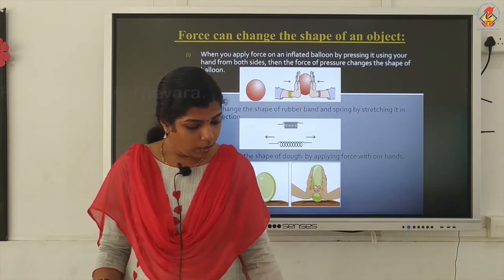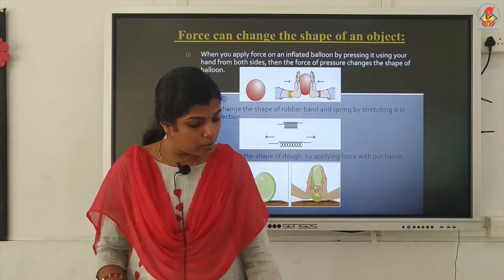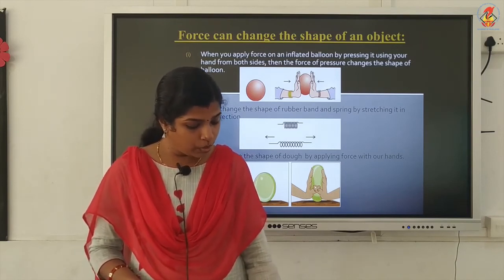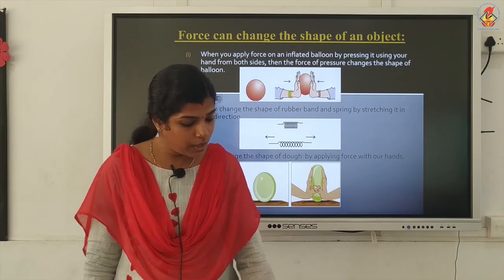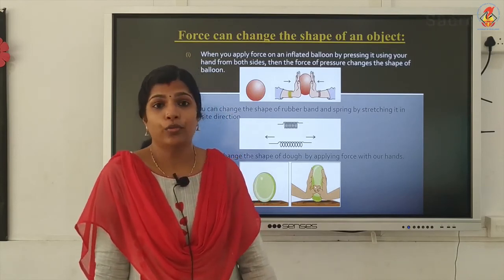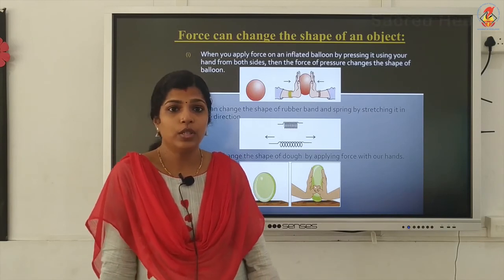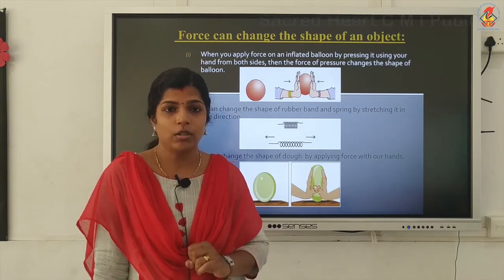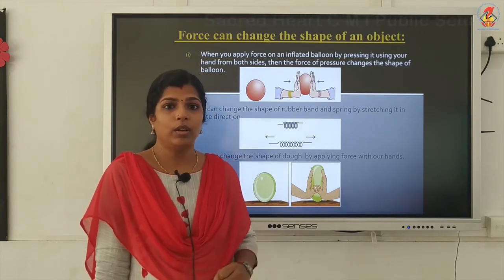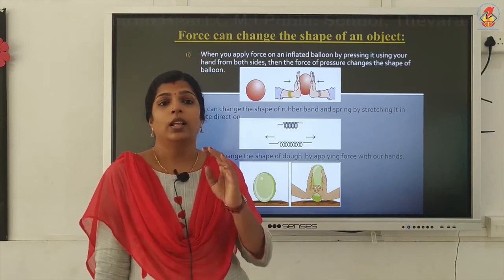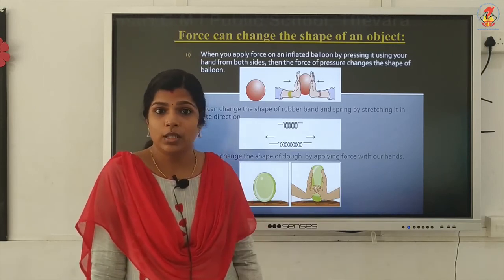Okay. While a force may cause one or more of these effects, it is important to remember that none of these actions can take place without the action of a force. If force is not there, then the object will not change its direction, speed will not increase or decrease, it will not change its shape or size, and the object will not change its position.